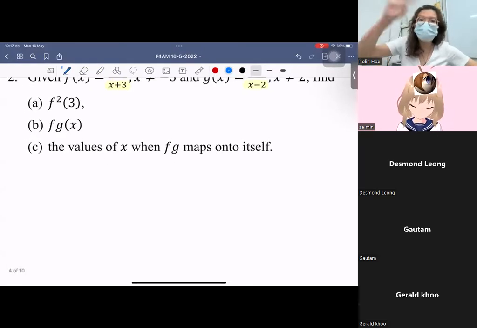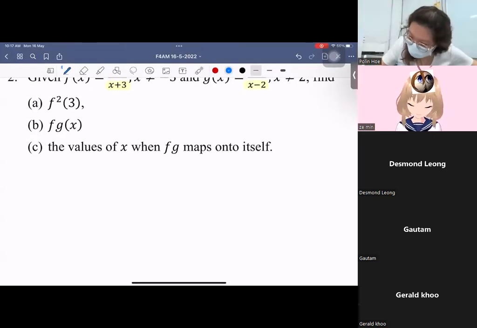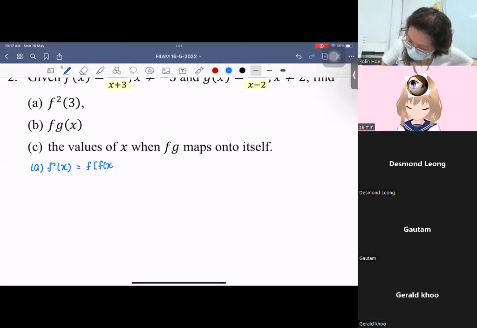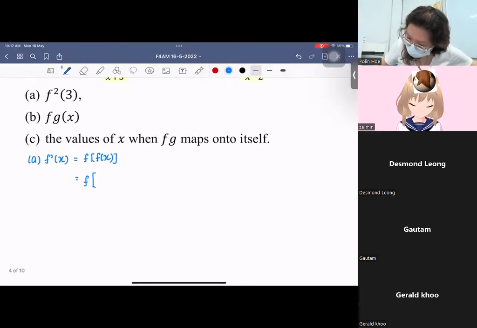You cannot square the whole function. This one, f square x, means f in terms of f(x). f of (x plus 1).